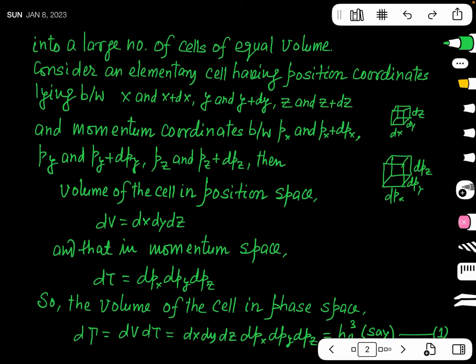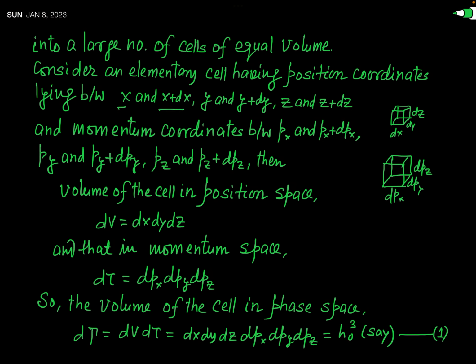You can easily find on the basis of the concept which you have learned in the previous lecture. So let us consider that there is an elementary cell, and that elementary cell actually has position coordinate lying between x and x plus dx. Okay, it means if you consider that here is origin, then the x coordinate of this point will be x, and that of this point will be x plus dx.